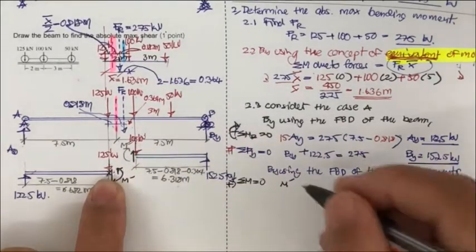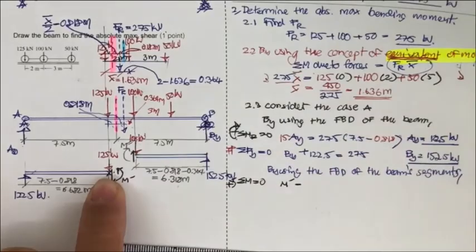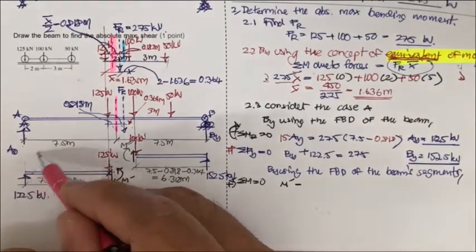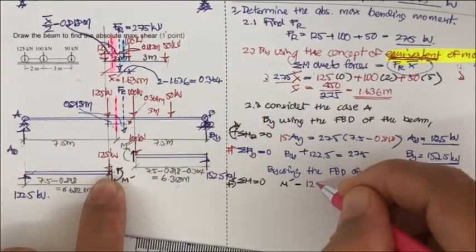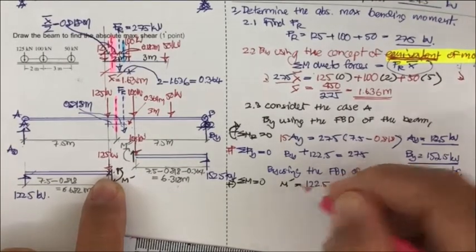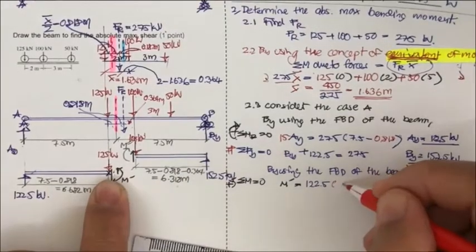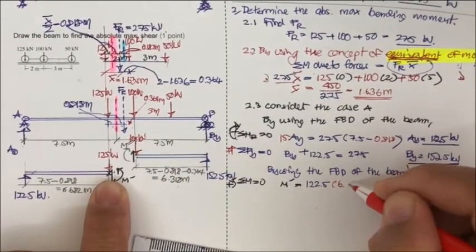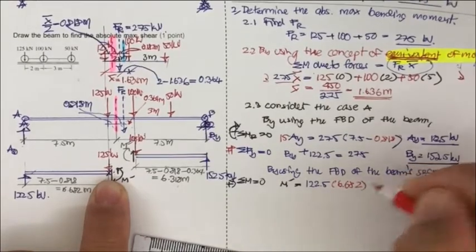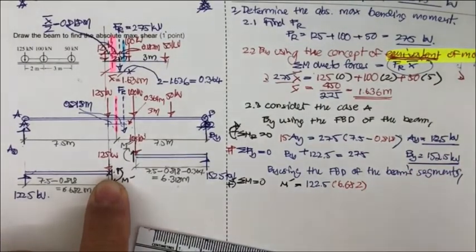It is going to equal to 122.5, rotating, and it's going to times this distance, 6.682, and then you get M palm easily.